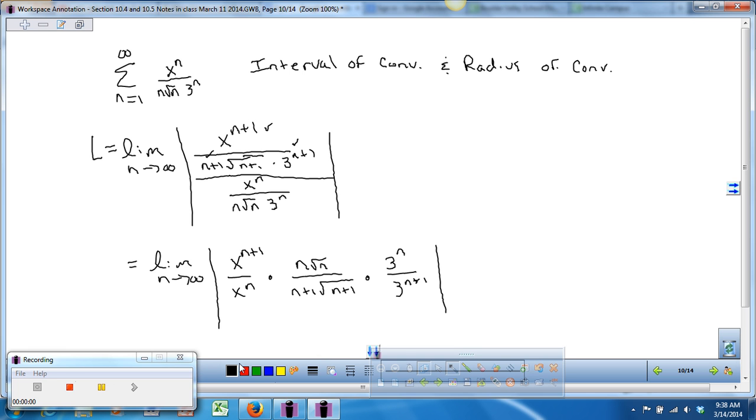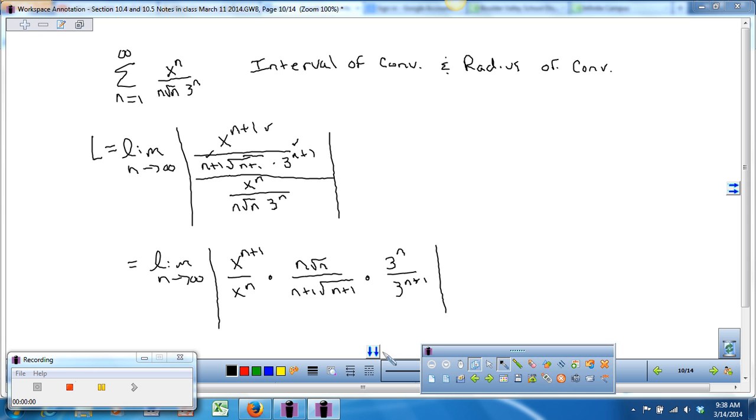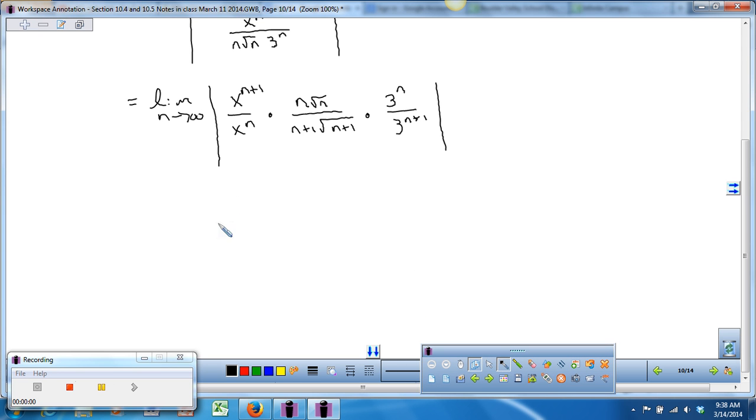Now let's simplify a little bit. X to the n plus 1 over x to the n gives the limit as n goes to infinity of the absolute value of x. Now let's go ahead and take this limit because it's actually set up pretty nicely. What's the power on the top? 1.5 or 3/2. What's the power on the bottom?